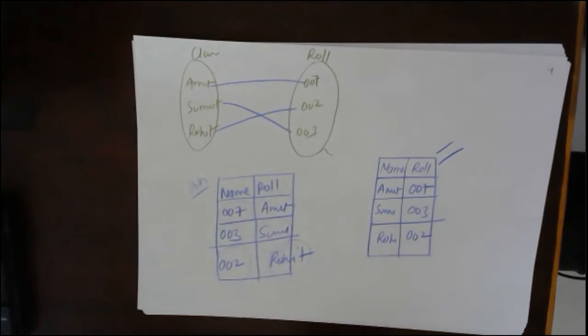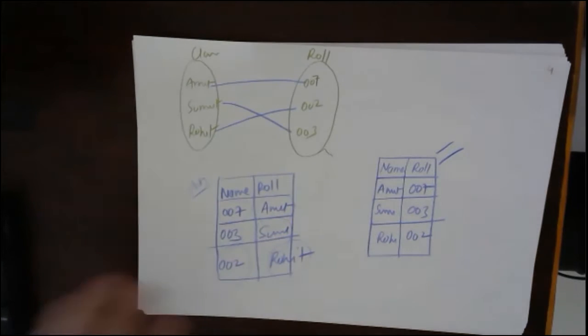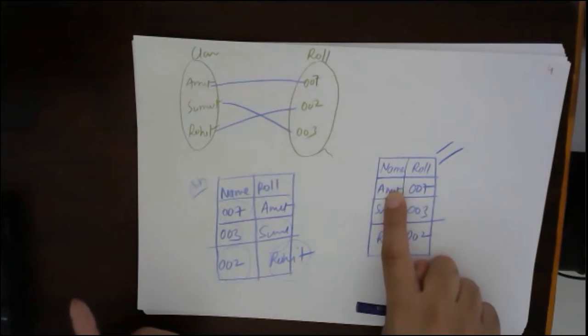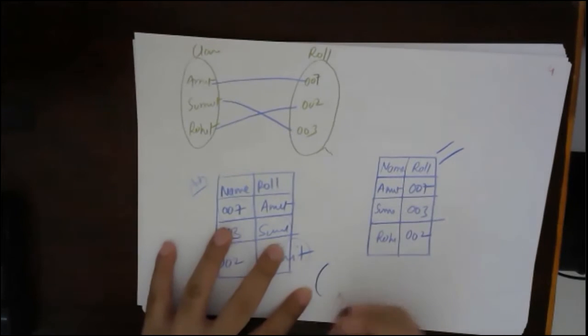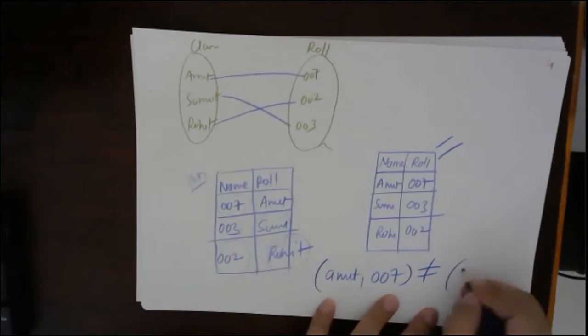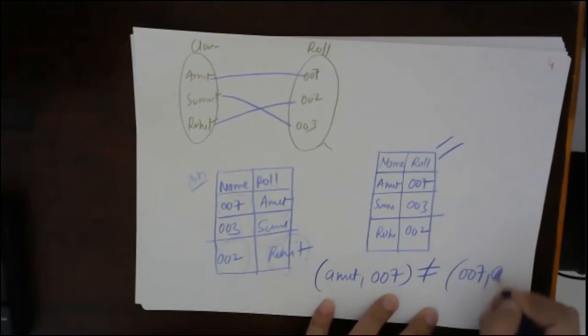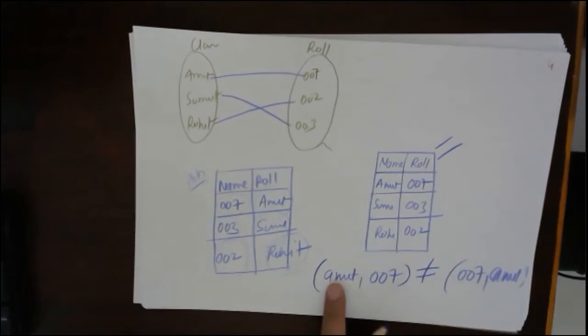Understood? So basically, this is following an order: first name, Amit, and then roll number. So writing Amit and 007 is not the same as writing 007 comma Amit. Understood the difference? What is the first thing?